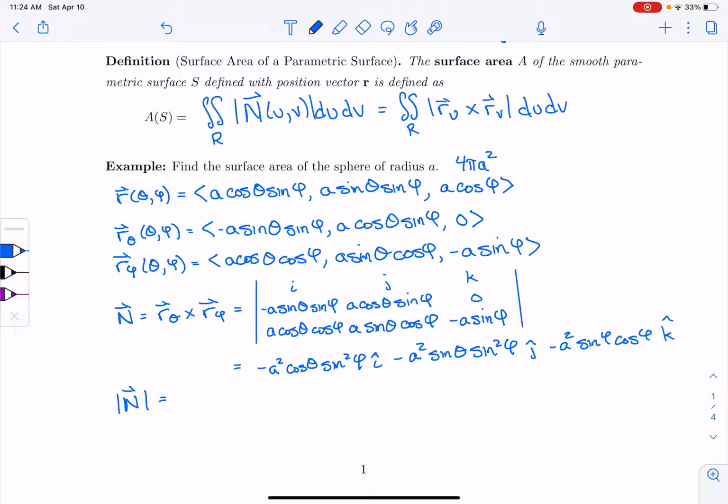The magnitude of that normal vector will be the square root of the sum of squares of the components.